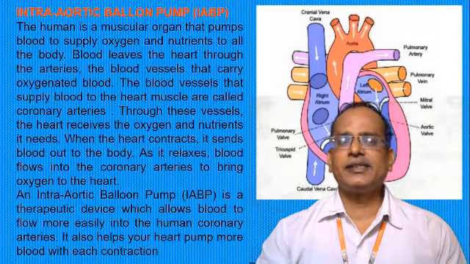Through these vessels, the heart receives the oxygen and nutrients it needs. When the heart contracts, it sends the blood out to the body. As the heart relaxes, blood flows into the coronary arteries to bring oxygen to the heart.